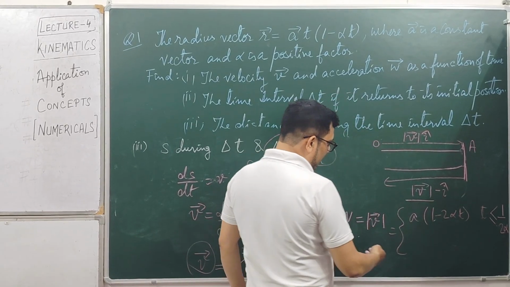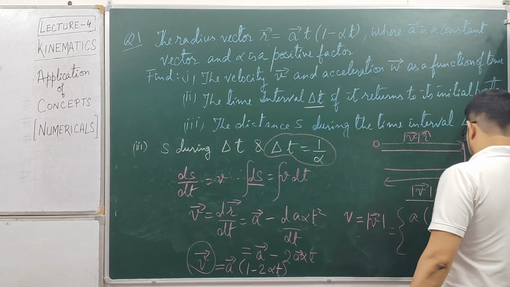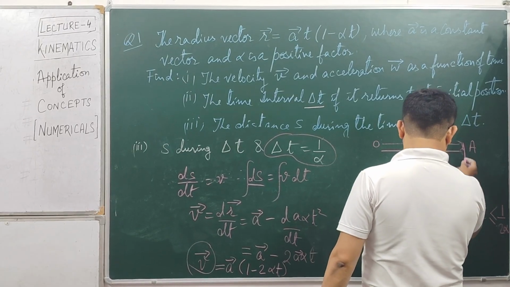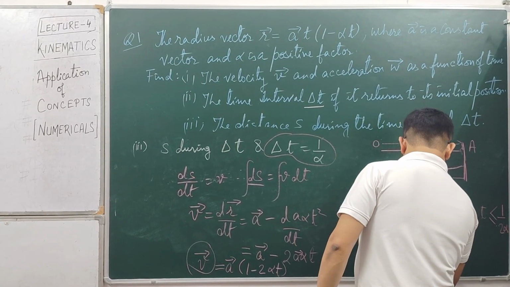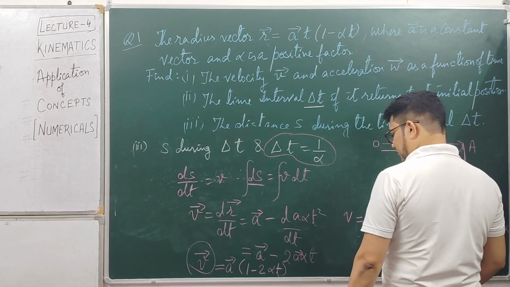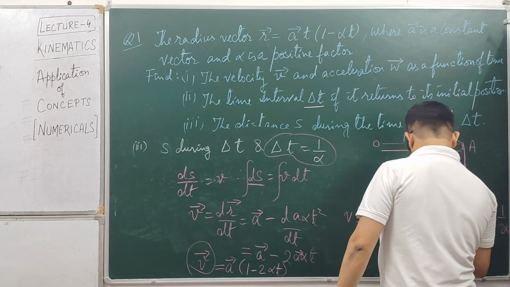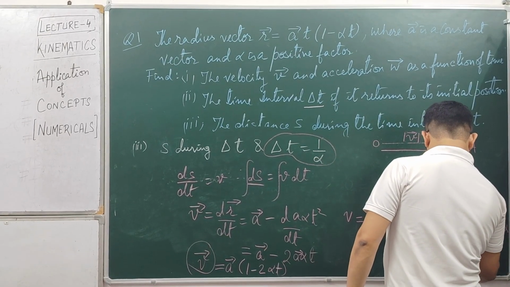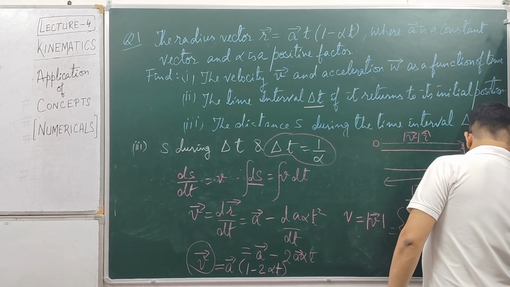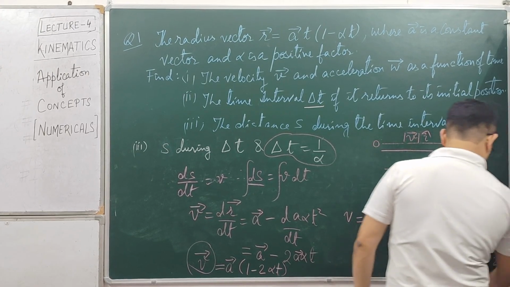But for another half, when this t becomes more than half of the total time it has taken, this becomes negative, which means that if you take minus of it common, it will just come a(2αt - 1), and this will be for t greater than 1 over 2α.